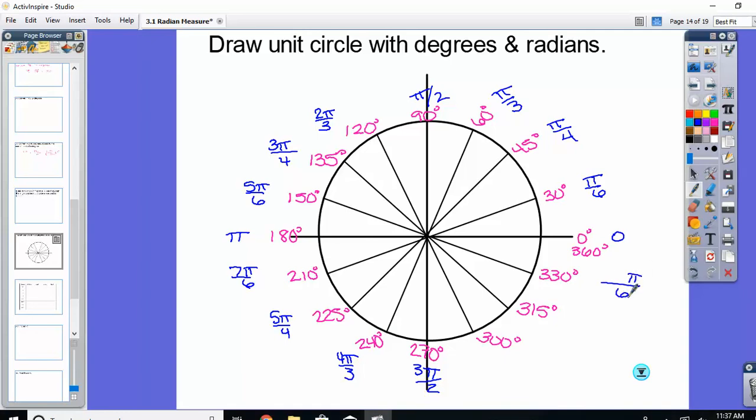If you do 330 times pi over 180, what do we get? 11 pi over 6. What about 315 times pi over 180? What does that give us? 7 pi over 4.